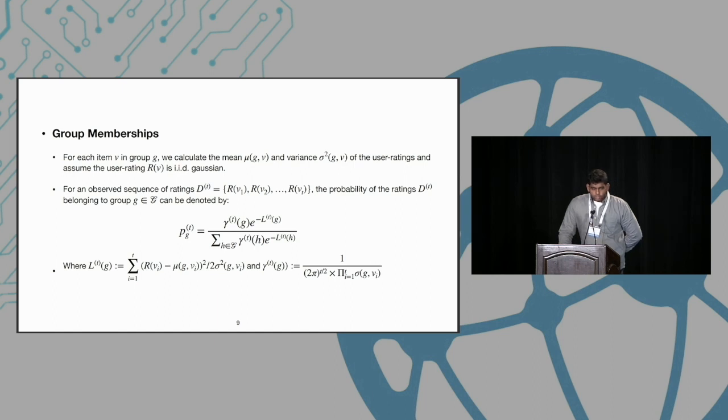So using this, if we have one rating or a sequence of ratings, we are able to determine the probability of a user belonging to a particular group.